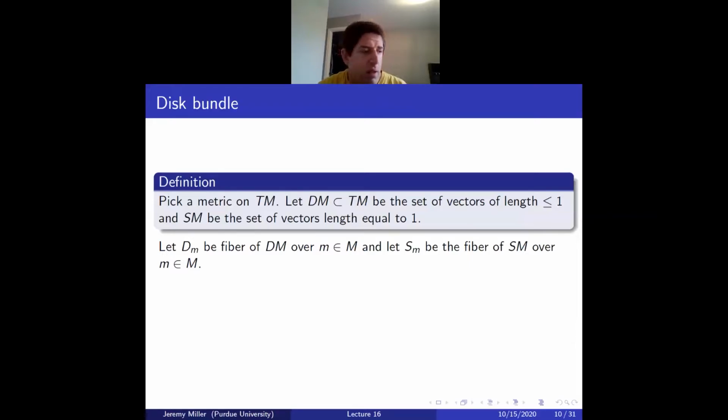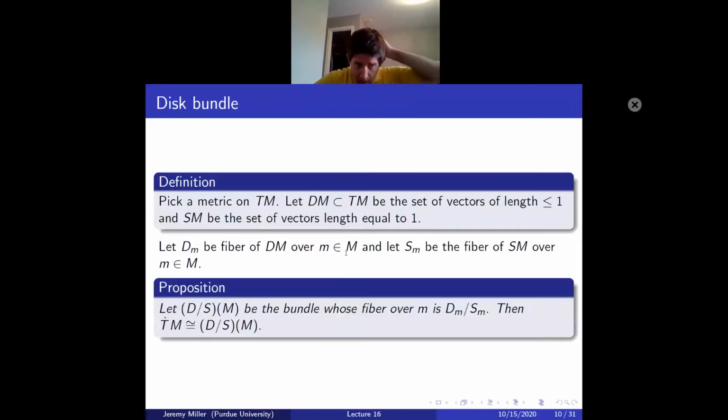That means you pick an inner product on each tangent space, and then we're going to let disk M be the subspace of the tangent bundle of vectors of length less than or equal to 1, and the sphere bundle will be the set of vectors of length equal to 1. And then D_m will just mean the fiber of the disk bundle over m, and S_m will be the fiber of the sphere bundle over m.